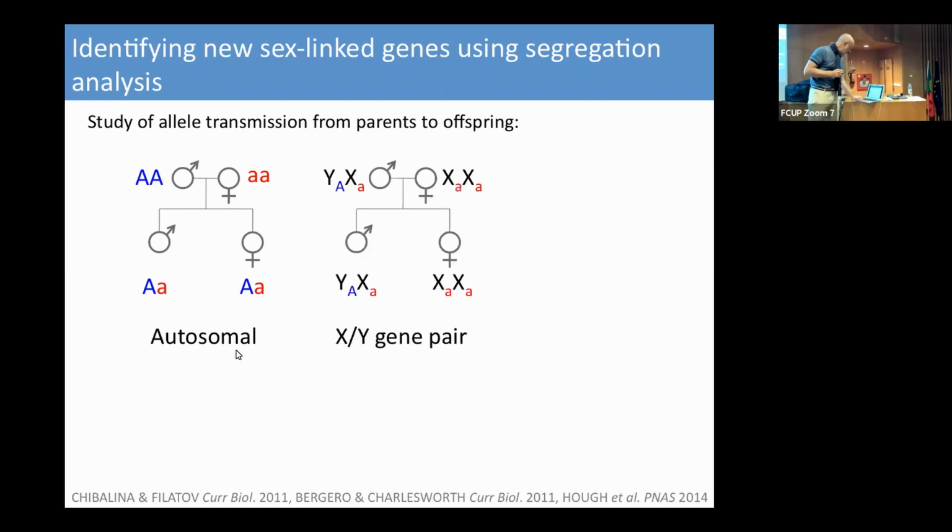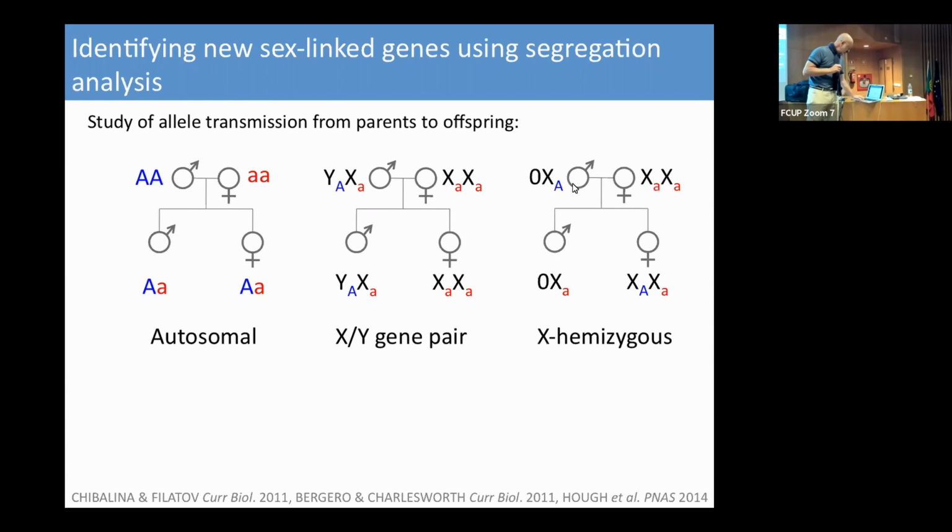Now, if you have the father big A, small a, the mother small a, and all the sons are big A, small a, and the daughters small a, then the big A allele is transmitted from father to sons. This is an XY gene, an XY marker, right?